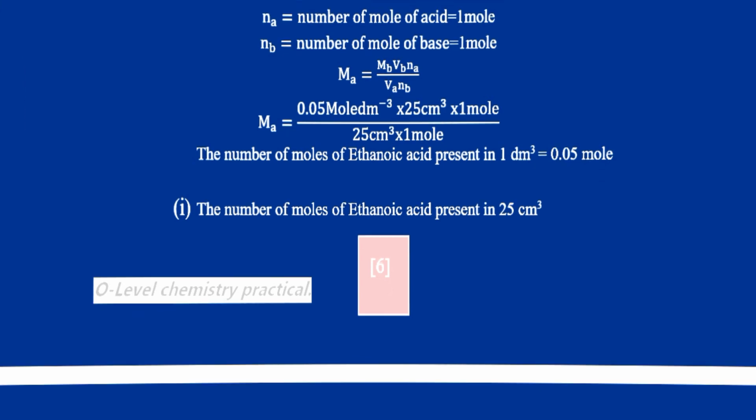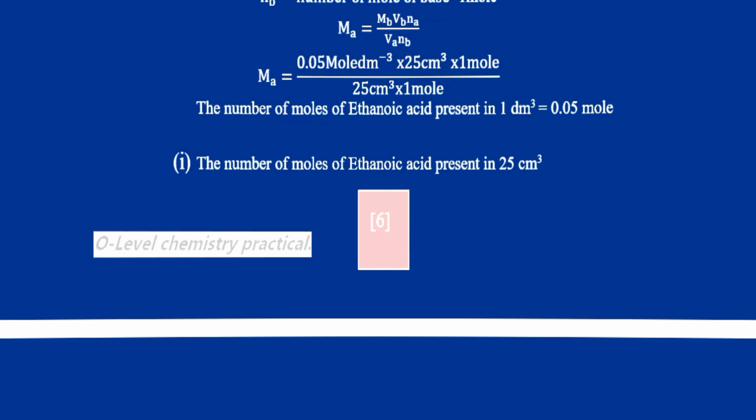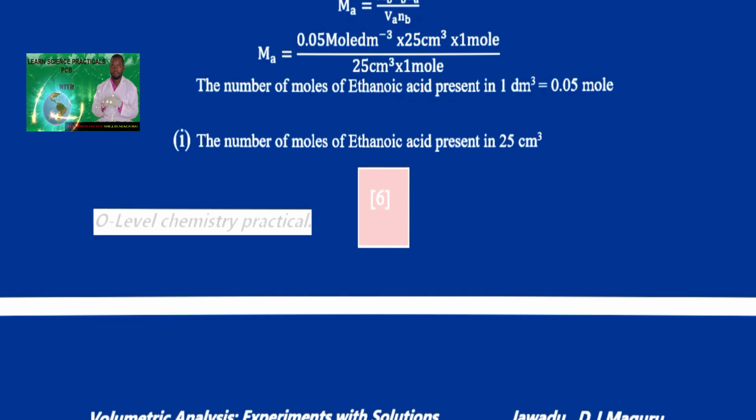So that is our calculation, and that is our answer. Then you are supposed to convert this into the mass of ethanoic acid, to know how much mass is dissolved in 1 mole. So that is our answer for that question.